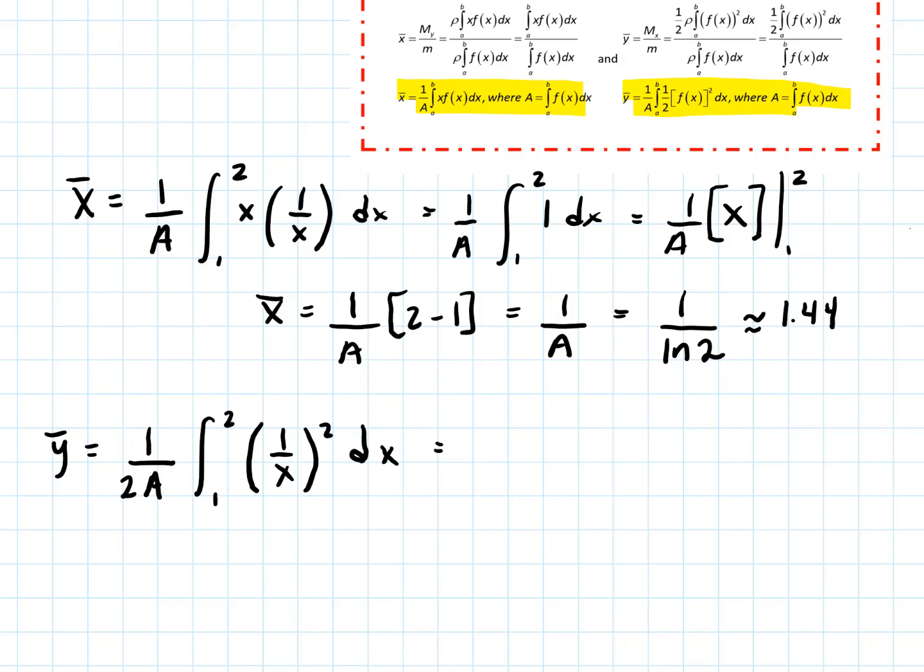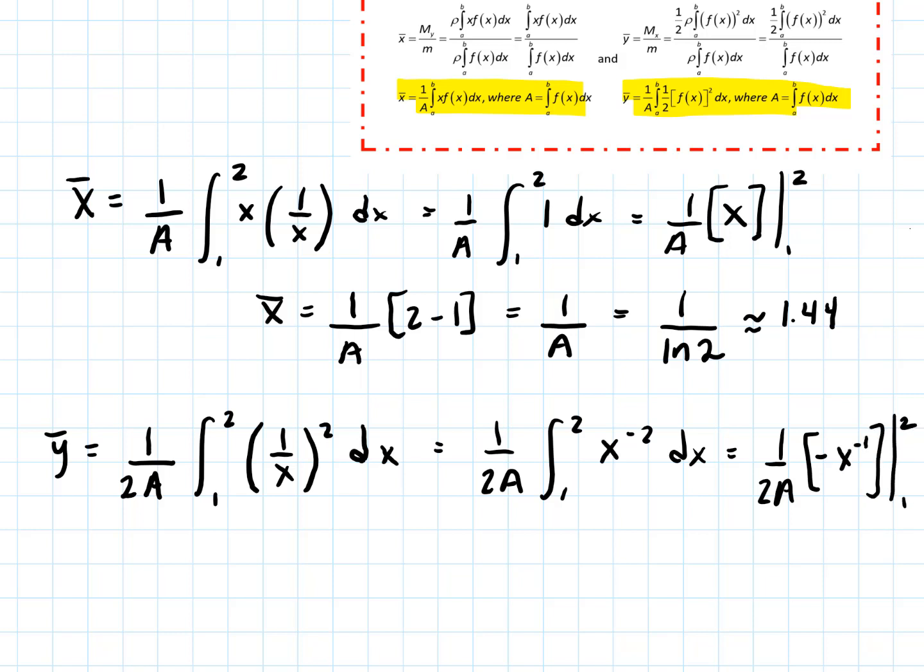That's going to be 1 over 2A times the integral from 1 to 2 of x to the negative 2 dx, and then that integral is 1 over 2A times negative x to the negative first, evaluated from 1 to 2.